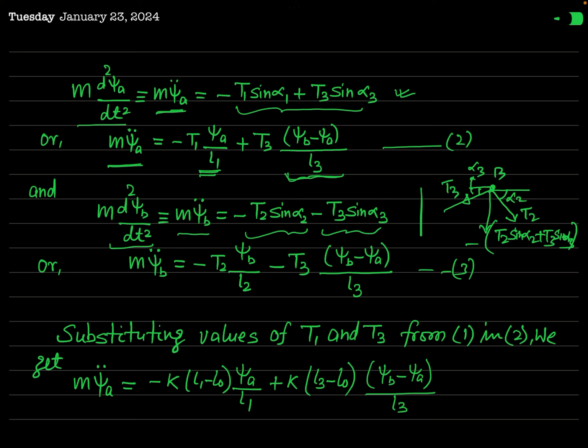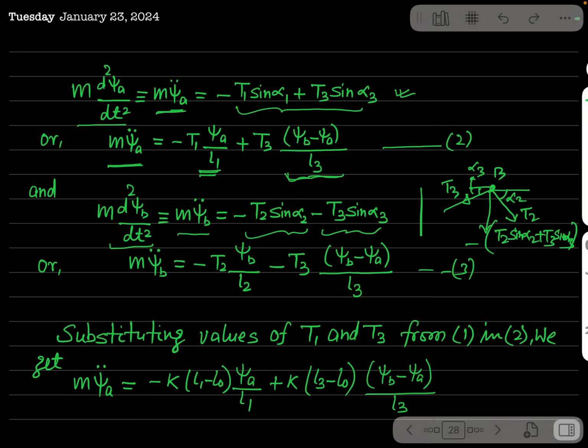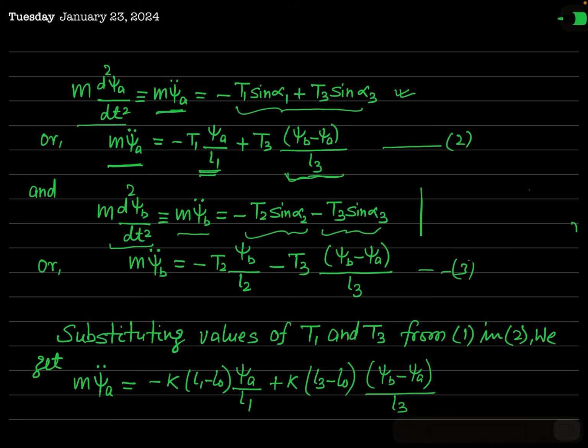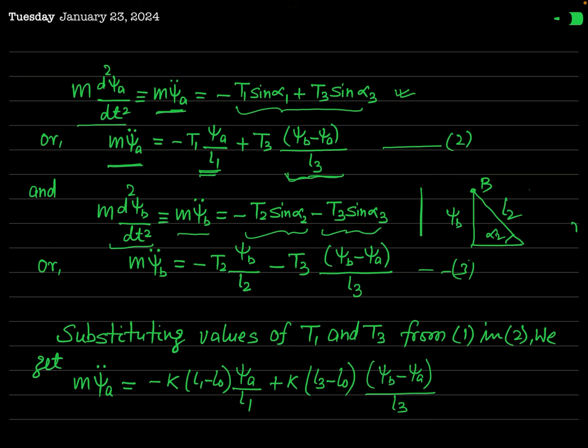Now again you can find the values of sine alpha 2 and sine alpha 3 from the free body diagram and then substitute them here. Again you can see this is in fact the situation. This angle is alpha 2. This is your mass B, its displacement is psi B, and the length of this spring is L2.